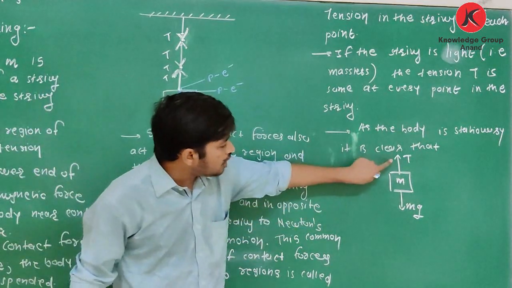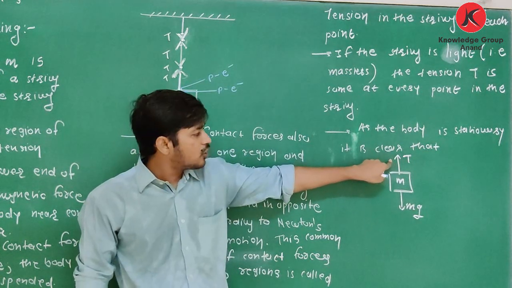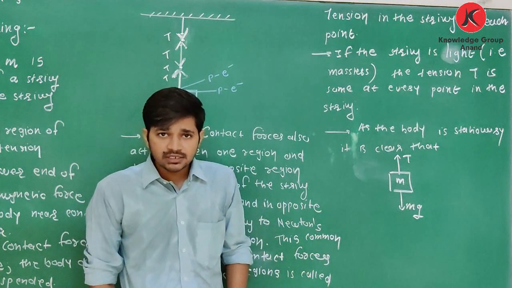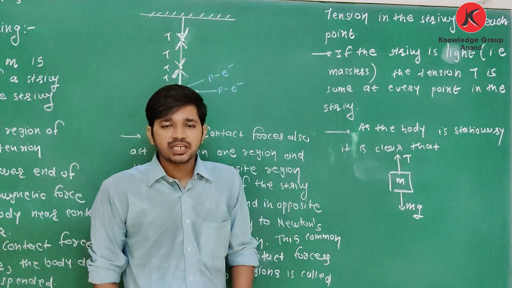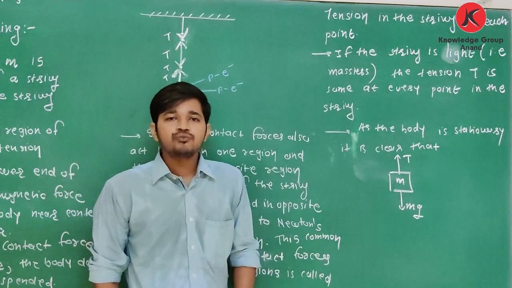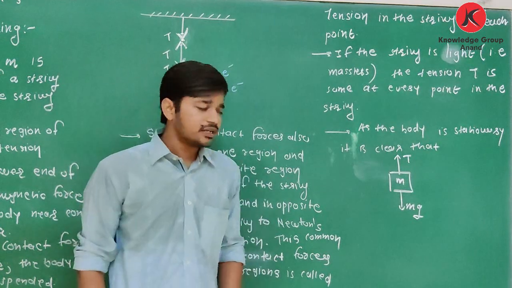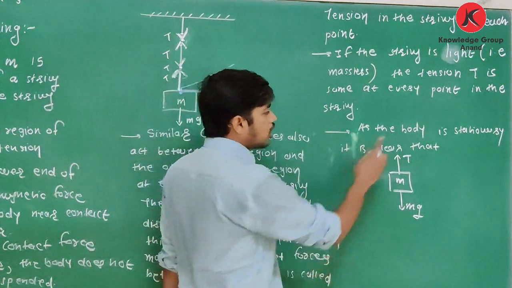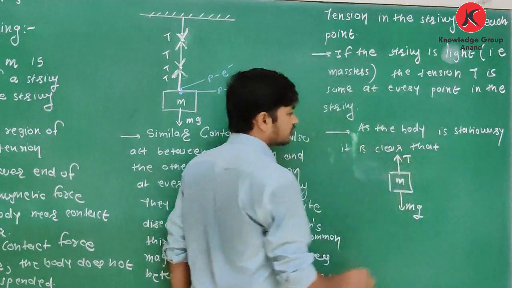Now if I draw an arrow in the downward direction, is it possible that this block remains in stationary condition? No. Stationary condition means if two forces are acting, they must be in opposite directions and of equal magnitude. So mg is acting in the downward direction, the block remains stationary, and tension is acting in this direction.